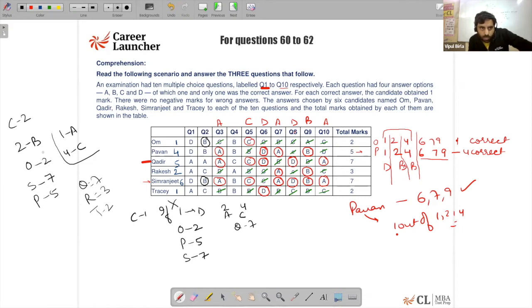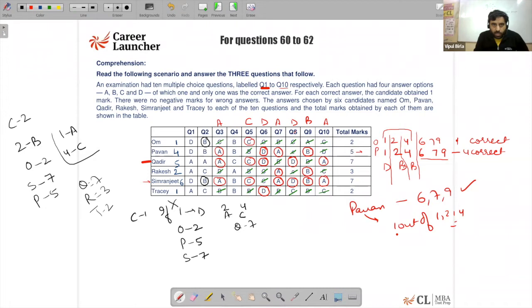So in total, we get to know Om will have 2 correct, S will have 7 correct, and P will have 5. So everything is satisfied.